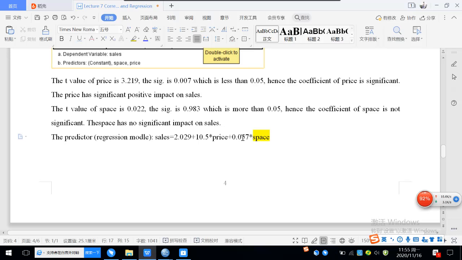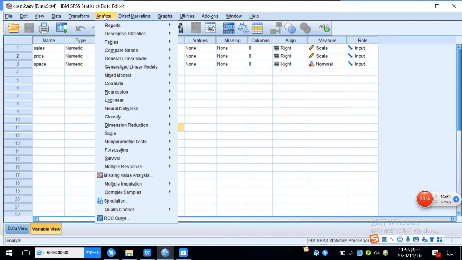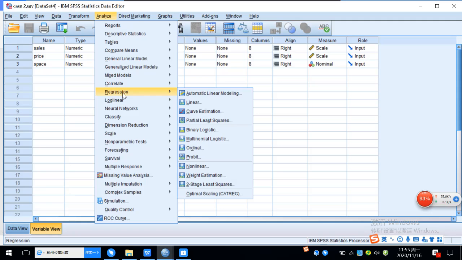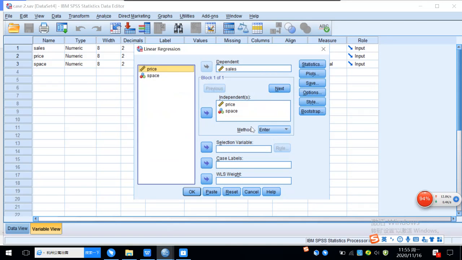So next, I'll demo. Analyze, regression, linear, and here we will change the method. Here we will use the stepwise method.